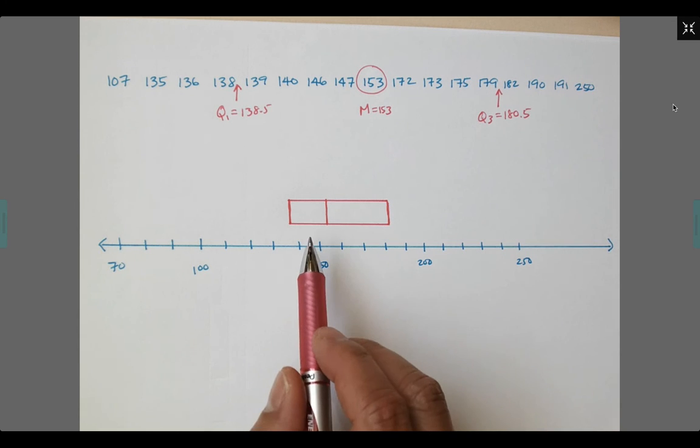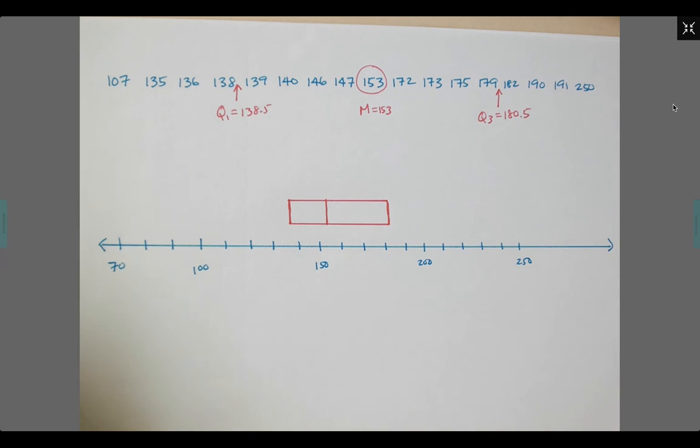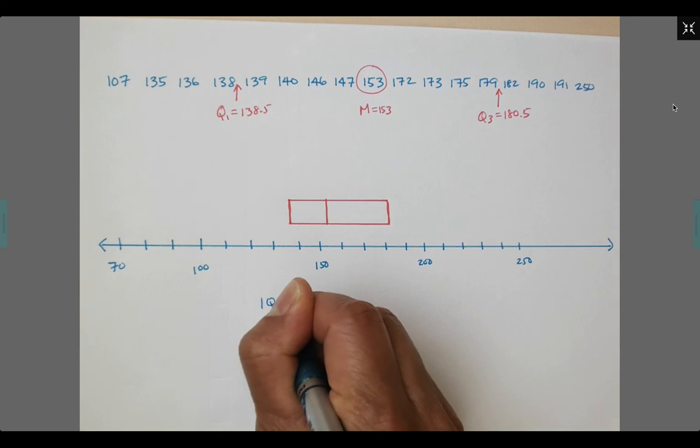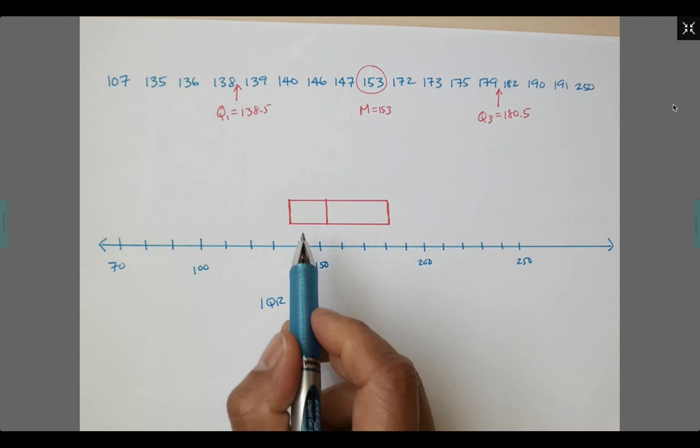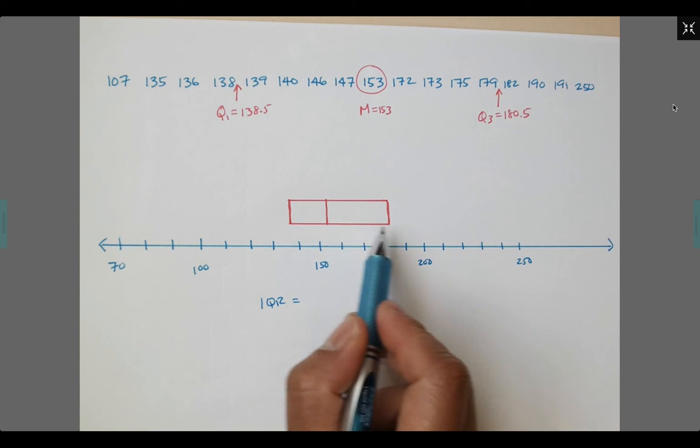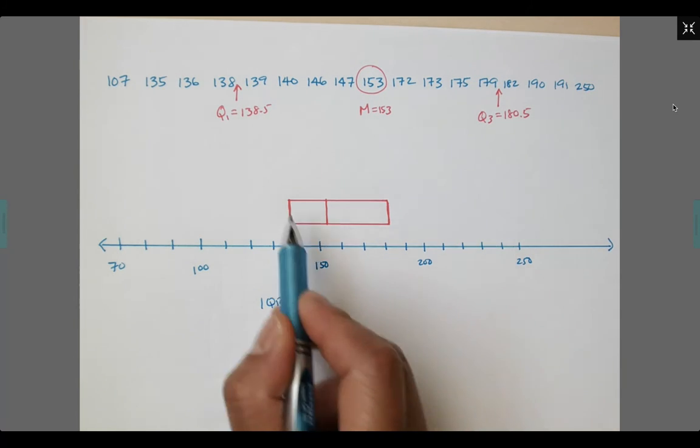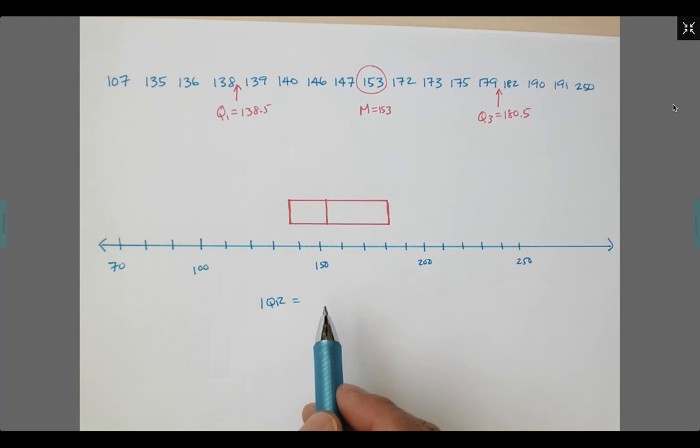So there's my box. So now how do I calculate where my high outliers and my low outliers are? I have to calculate what are called the fences. So before I calculate the fences, I'm going to look at my IQR. My IQR is how spread out is this middle 50%? Because that box represents the middle 50% of all of my data.